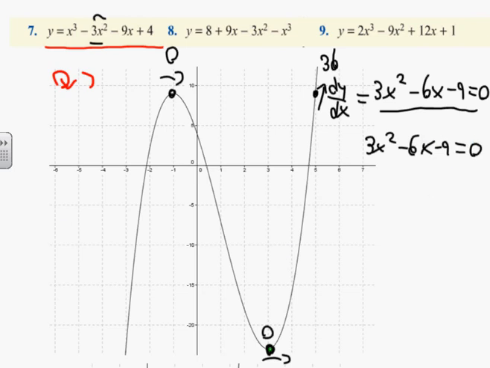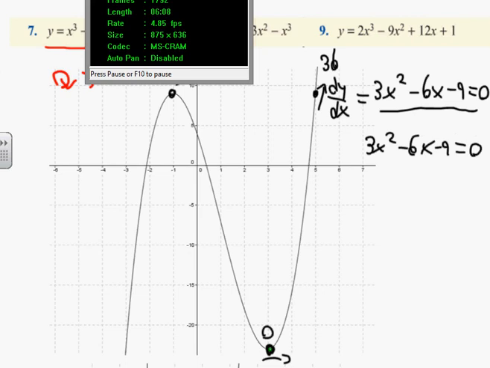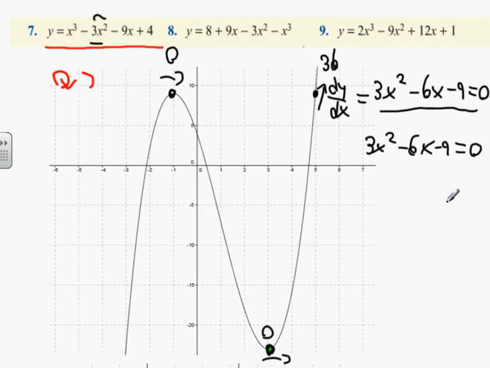What we have here, guys, is we divide by 3. And when we divide by 3, we get x squared minus 2x minus 3 equals 0. This is a quadratic, right? To solve a quadratic, you always have an x squared, an x number, and an equal 0. You do what's called the reference number. What's the reference number for this, Sean?